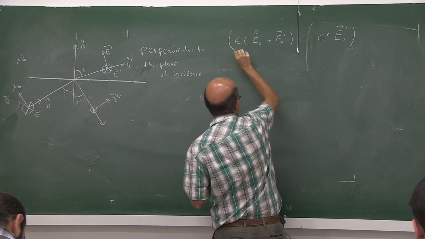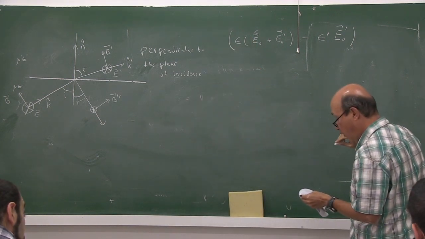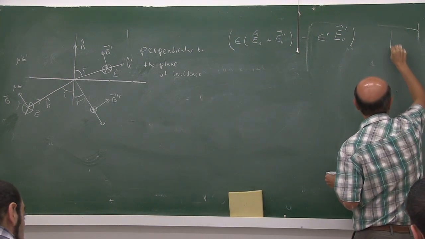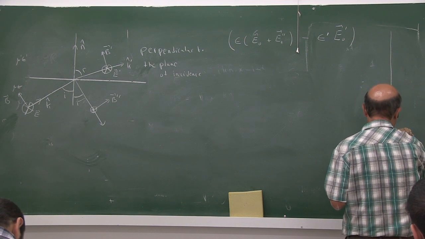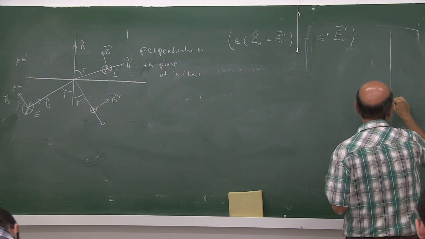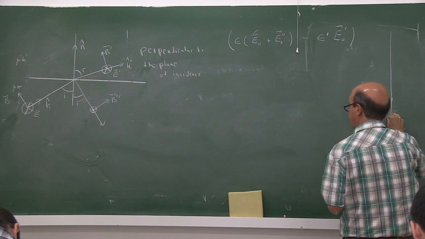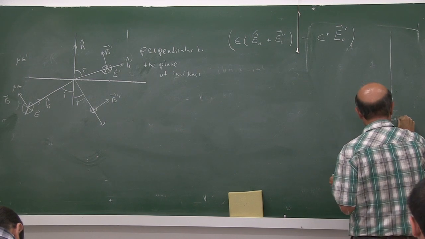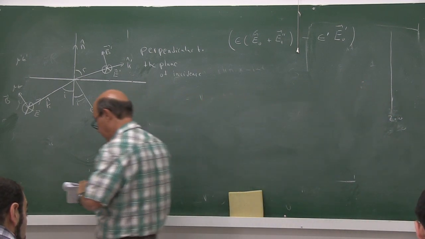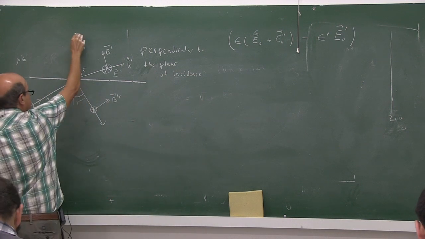At this time, we are evaluating all of them at z equal to 0. We will have 4 boundary conditions, and all of them will be evaluated at z equal to 0. So where is the z? This is the z.